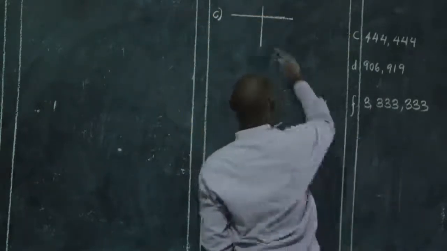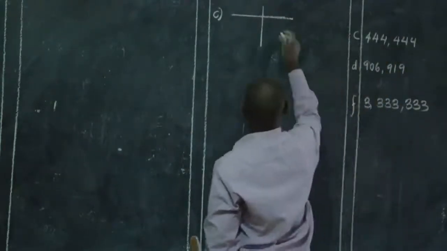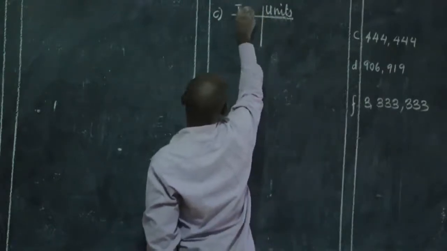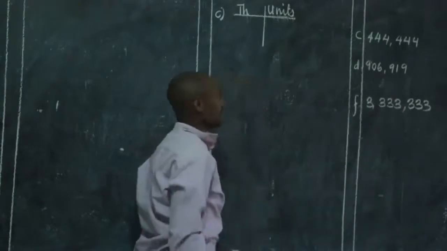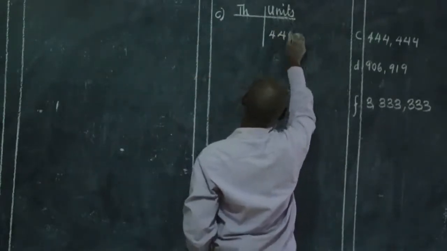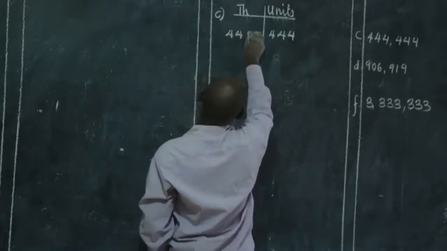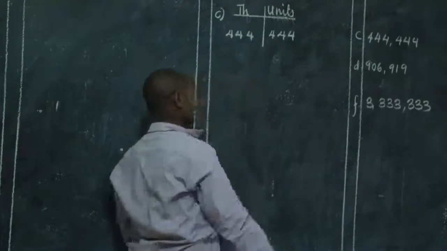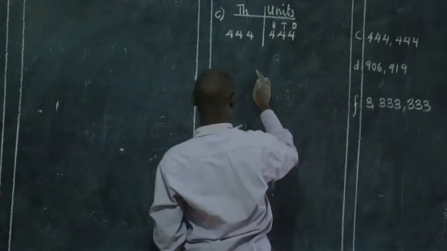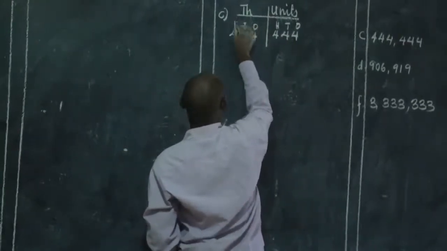You are supposed to draw this line where we have this comma to separate these numbers from that. So this way we shall have units, and here we shall have numbers in thousands. So under units we have 4. Under thousands we also have 4. And I told you that we have ones, tens, hundreds under units. We have the same place values under thousands, ones, tens, hundreds.